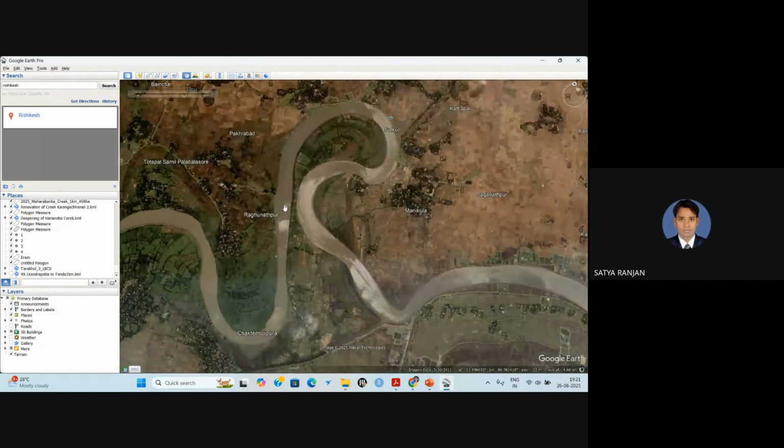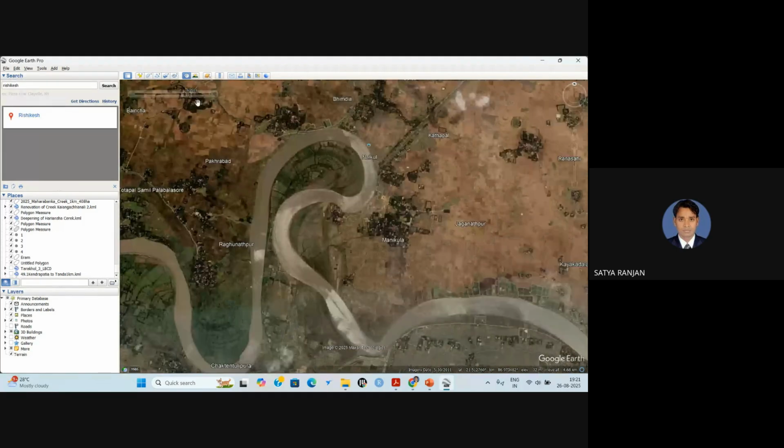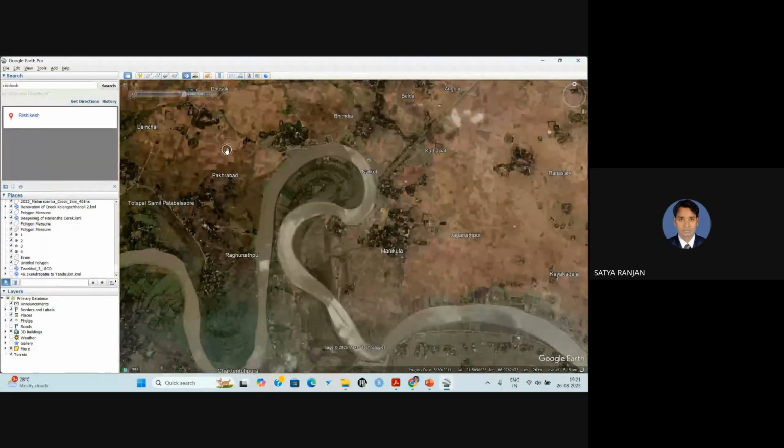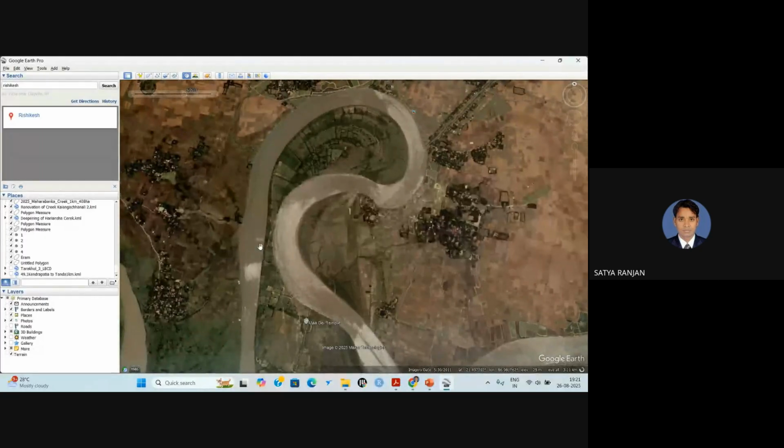So this is one of the rivers found near the mouth, near the coastal areas. This is the flow of the river in 2011. So gradually we see that it is cut off from the main route.